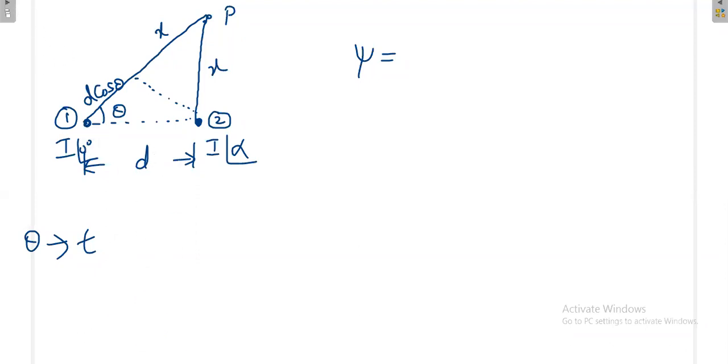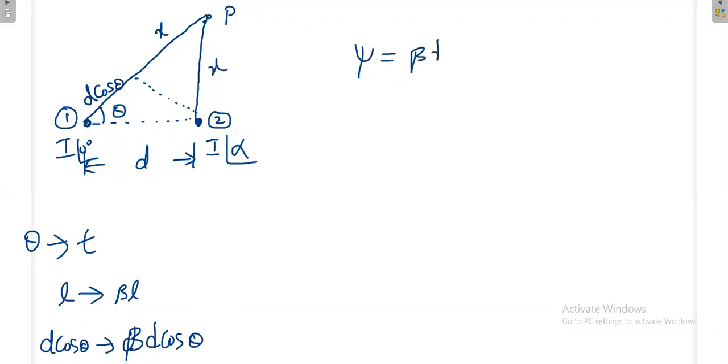Take a transmission line: if you travel a length L, the phase produced is beta L. Similarly, if you travel the length d cos theta, the phase produced is beta d cos theta. That means this wave will advance compared to the other wave by beta d cos theta as well as alpha, because phase lead is already there. So finally wave 2 will lead wave 1 by beta d cos theta plus alpha.